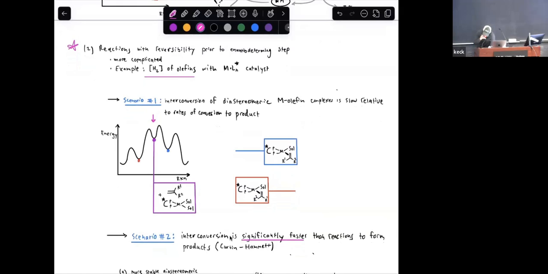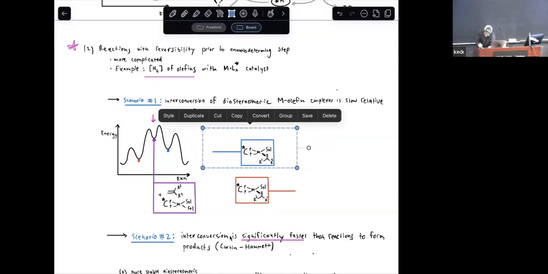So let's first consider the simplest case within this more complicated situation, and that is where the interconversion of the diastereomeric intermediates, in this case, because we're considering hydrogenation, a metal olefin complex, is slow relative to the rates of conversion to product. So in this case, it's pretty simple.